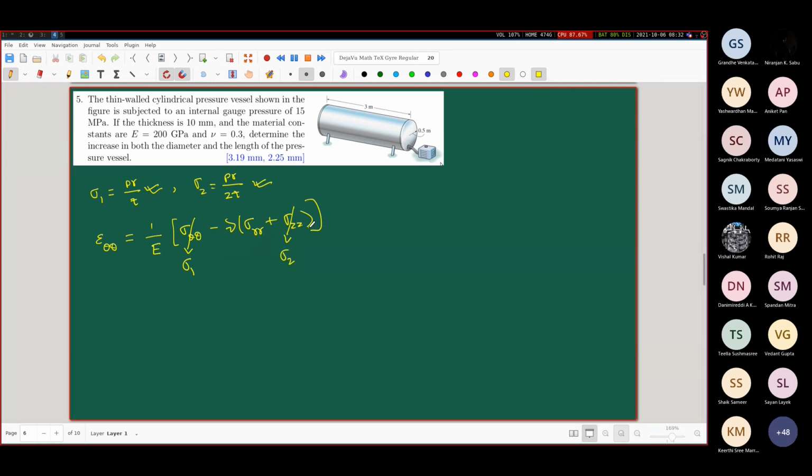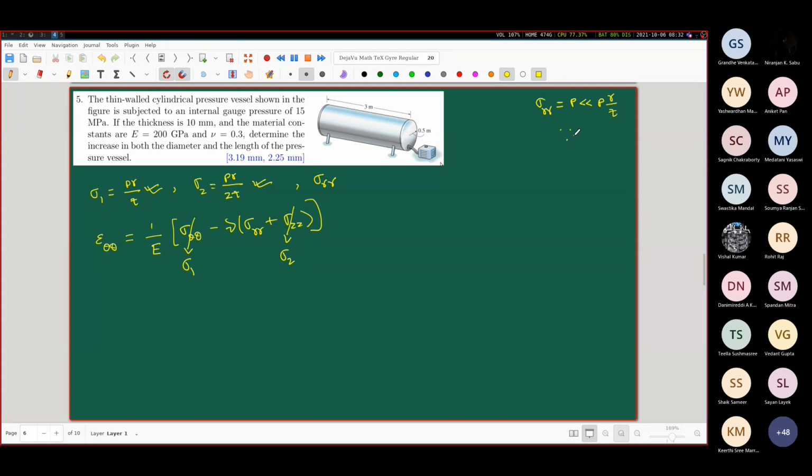What is this sigma RR? Tell me. So sigma RR is the pressure due to the fluid. Very good. So sigma RR, strictly speaking, is actually P. But you note that this P is actually much smaller than P into R by T, or even P R by twice T. Why?